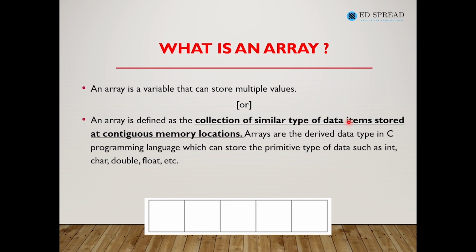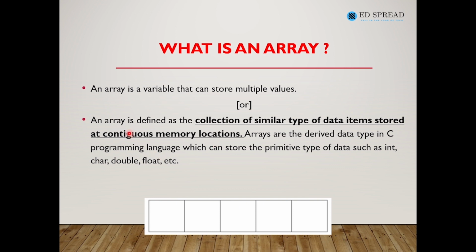So when you're storing numbers in an array, they should belong to the same data type. Means all should belong to int, all should belong to char, all should belong to long, float, short, int, whatever it is, right? Contiguous memory locations means continuous memory locations. We call it contiguous memory locations.